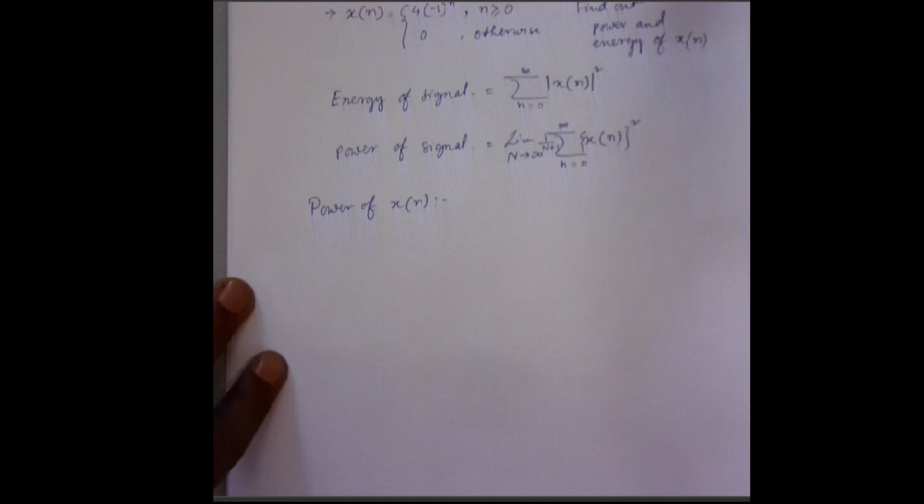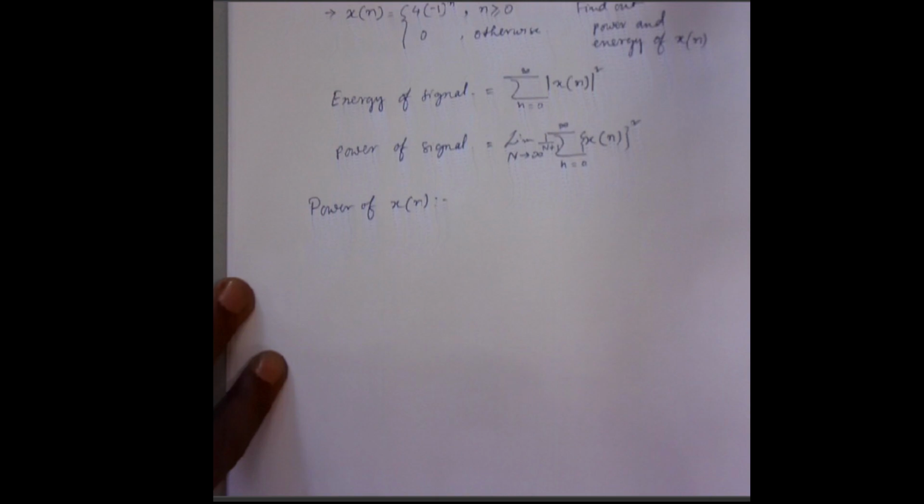So limit n tends to infinity 1 by n plus 1, summation n equal to 0 to infinity x of n whole square, where x of n is 4 minus 1 to the power n, so 4 minus 1 to the power n whole square. This is the power. So now solve it.